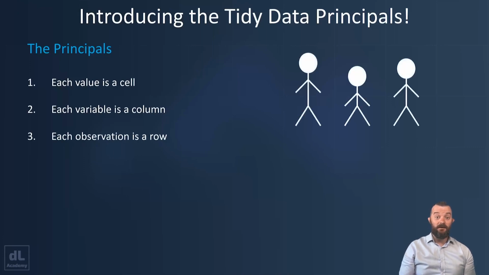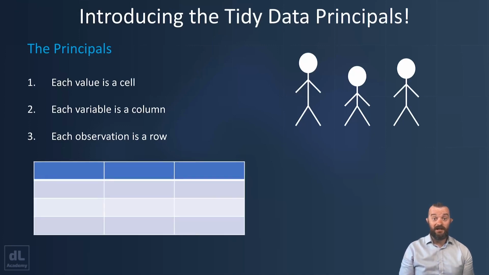This can easily be explained if we consider the example from earlier where we're looking at 3 individuals and have collected their height and shoe size. Let's capture this data in a tidy format. If we work backwards through these principles, the first thing to note is that each observation should be a row.